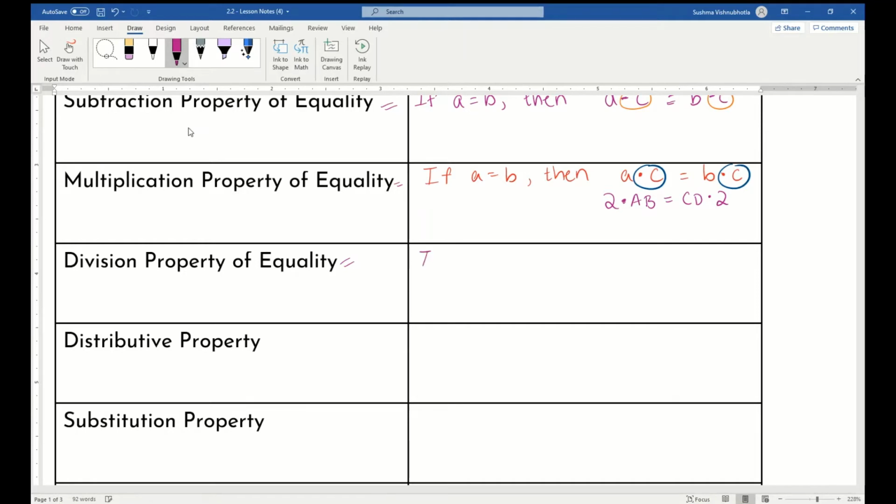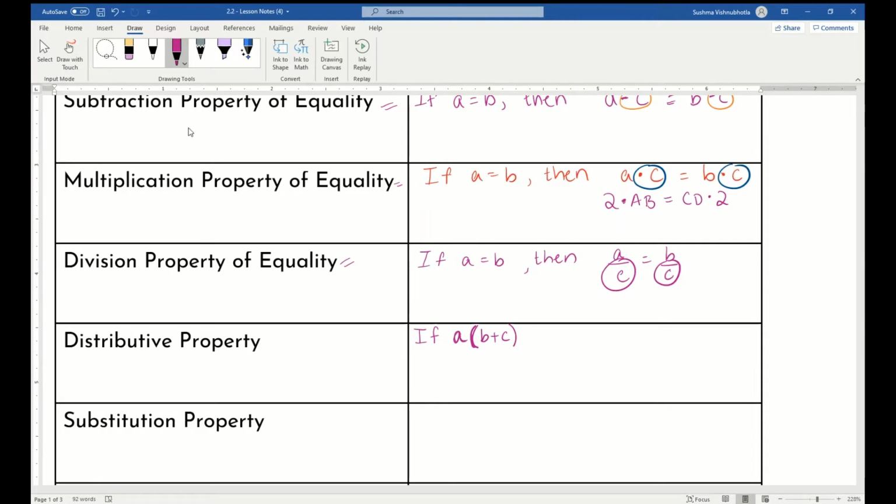Division property of equality says if two quantities are equal, then dividing both sides by the same quantity does not change the truth value. And the distributive property is if you have a number as a coefficient times an expression, which means there's more than one term.